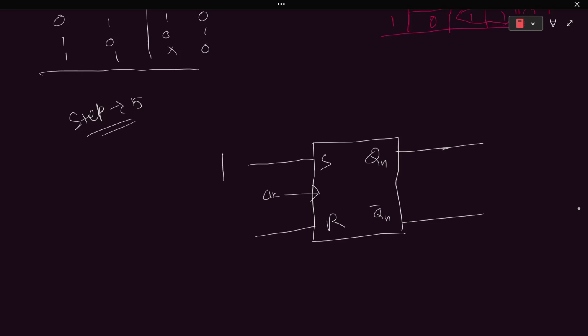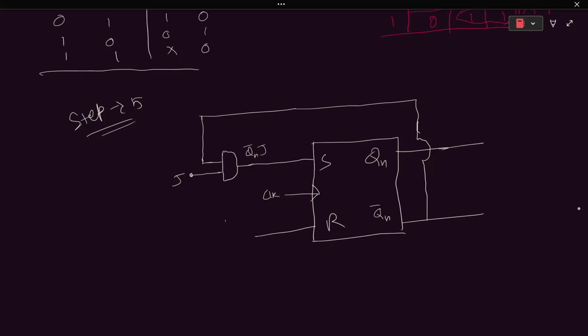So here let's write the AND gate. And J is one of the inputs. So what is the other input? Qn complement. So let's extend this Qn complement here. So here is Qn complement J that we already found.